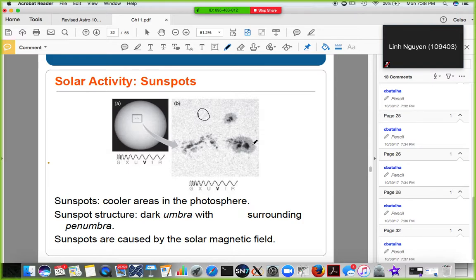So when you study the interaction of gas and magnetism, the magnetic fields can be strong enough to control the gas motion, and they hold onto the ions in the gas, and then they control the motion of the gas.